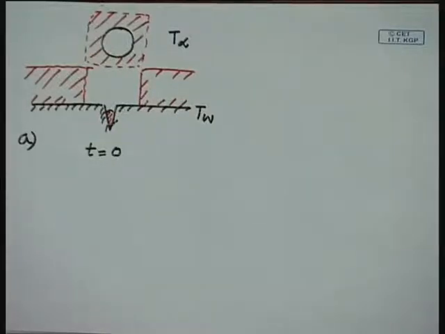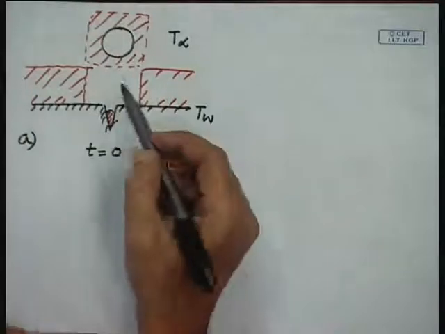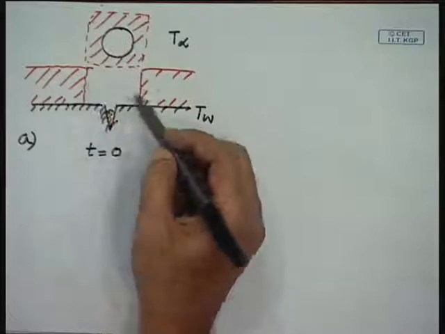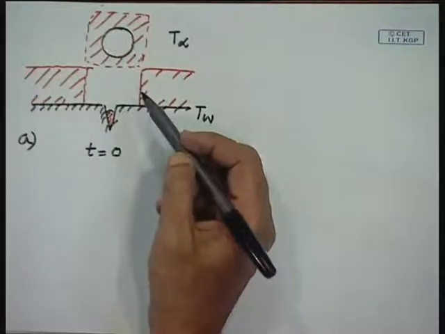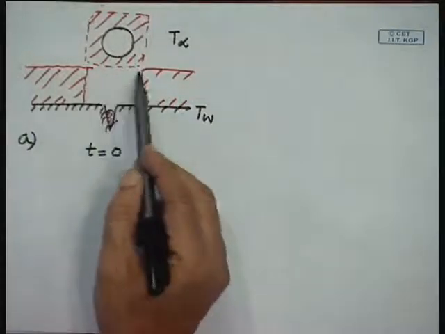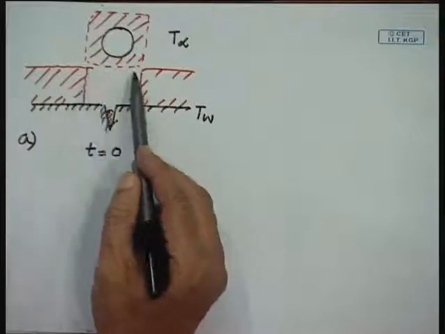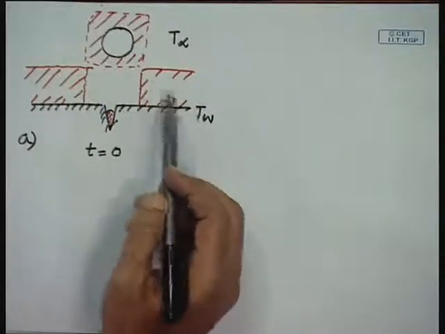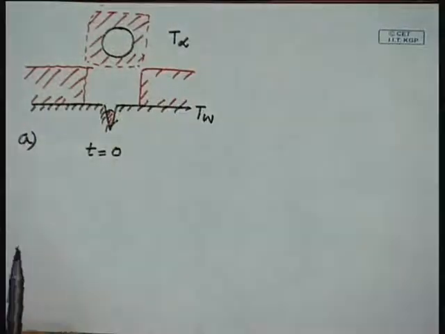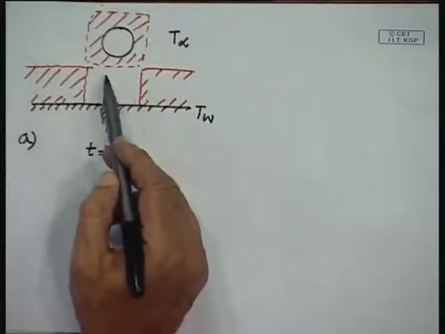And second, it has taken away the liquid of the thermal boundary layer. So, that is why a waiting period is needed, because here the liquid is to be heated back to the higher temperature which was earlier there.